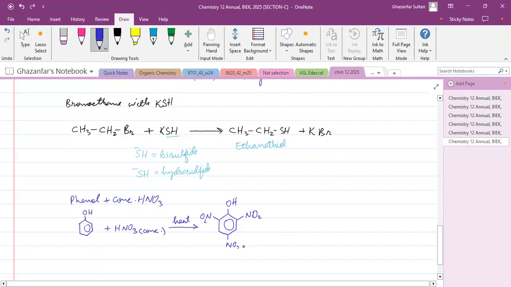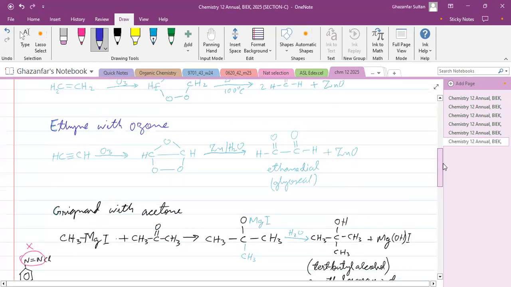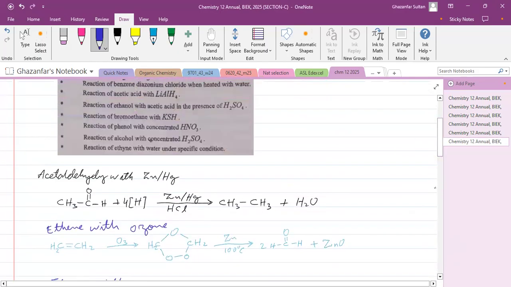And this compound is trinitrophenol, as well as you can write picric acid as its common name. Okay, now see what next. The next is the reaction of alcohol with concentrated sulfuric acid.